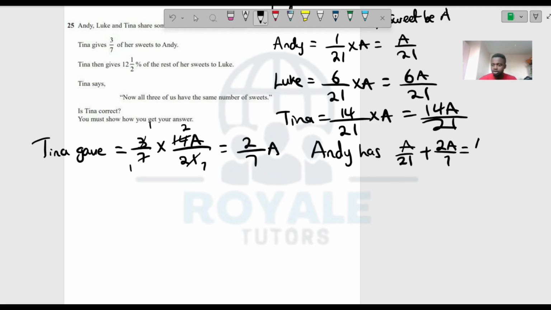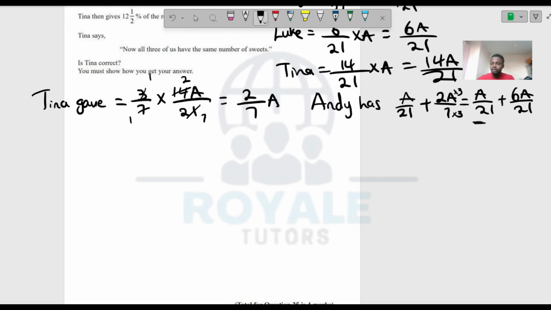If you change this one to a denominator of 21, you need to multiply numerator and denominator by 3, and that will be 6A over 21, and this is going to give you 7 over 21A. So that means Andy now has 7 over 21A.